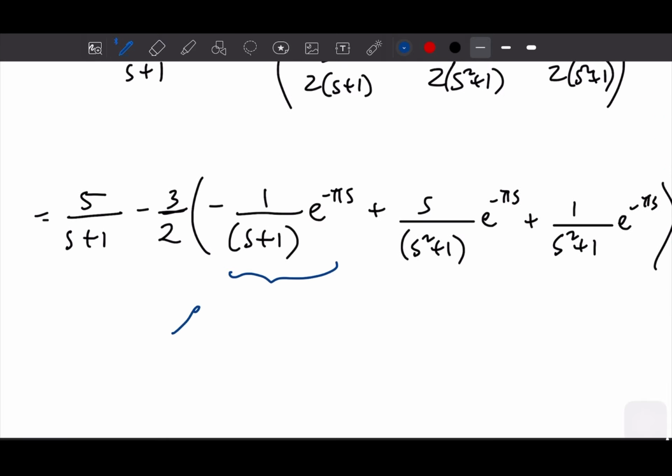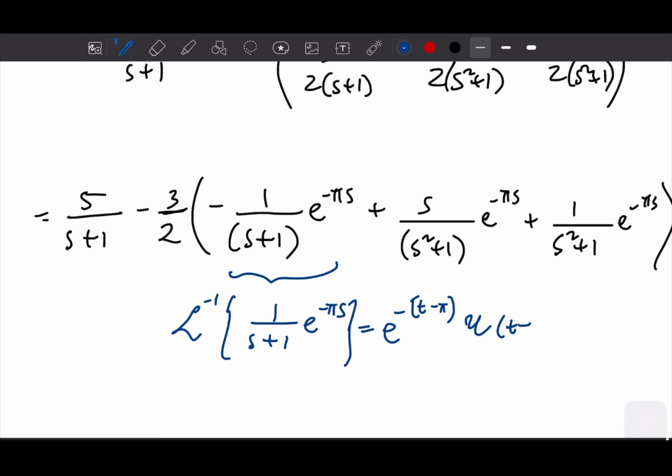So for this, we take Laplace inverse. Let's say for 1 over s plus 1, e^(-πs) is e^(-(t-π)) and then Heaviside t minus π, right? You could write like that. This e is from here, as usual, the e^(-at), as we mentioned before in the early Laplace inverse.